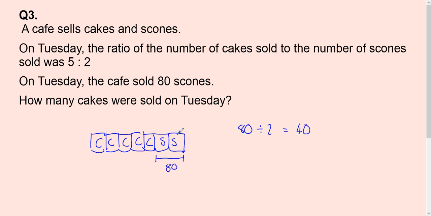So if one box is 40, every one of those boxes is 40. We have 5 boxes for cakes, so we'd want to do 5 times 40, tells us that our answer for the number of cakes is 200. 2 marks there. 1 mark for working out that it's 40 for each one, but one part is 40, and then the second mark for getting the answer of 200.